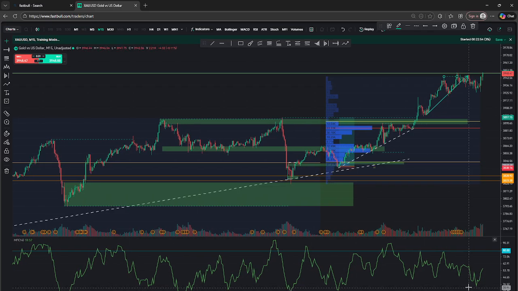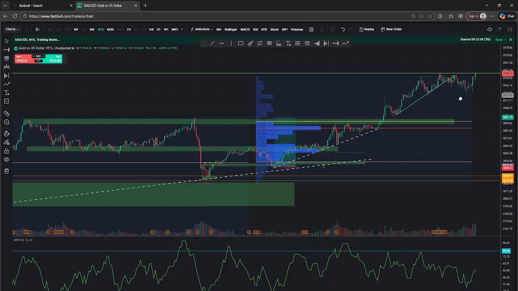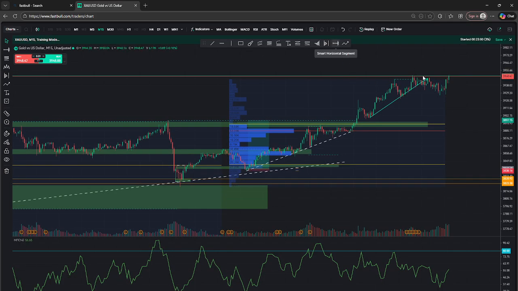So the market has relaxed to 32. So we will have another structure here.